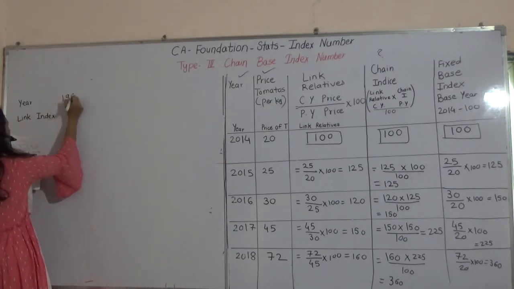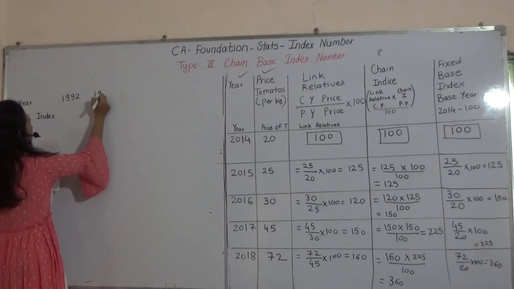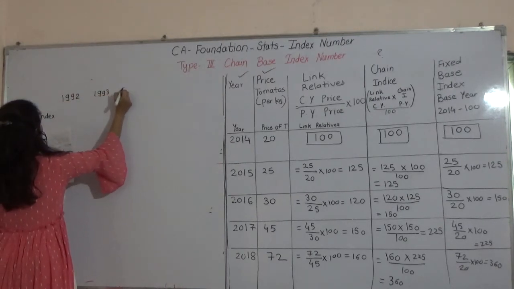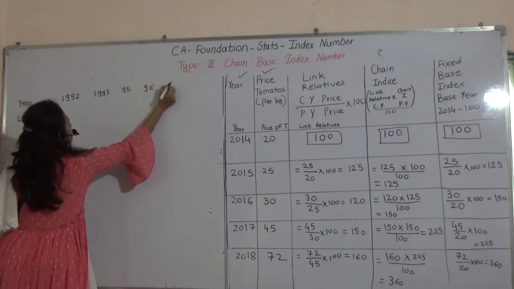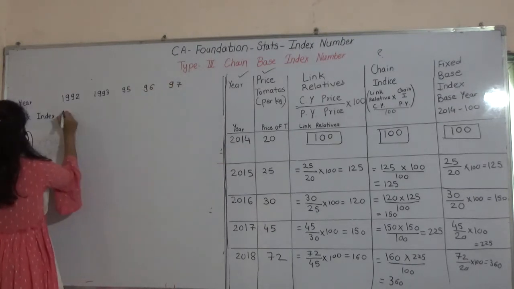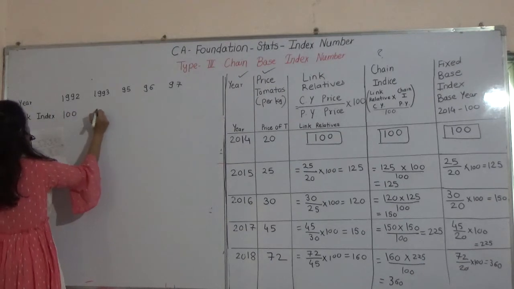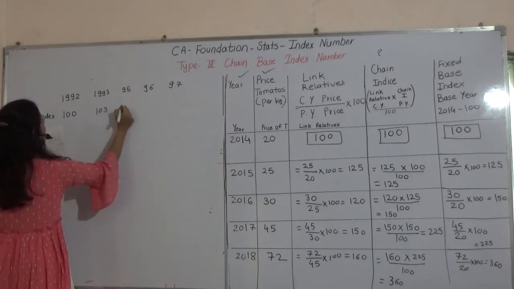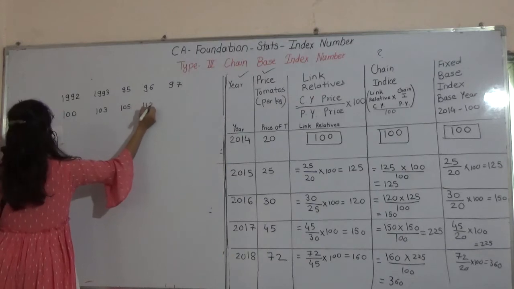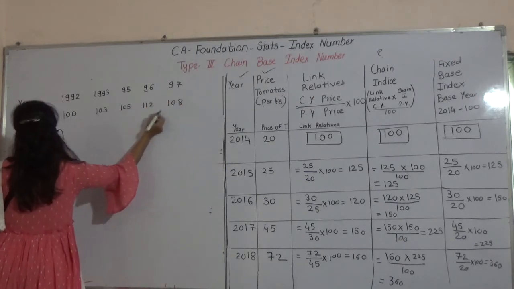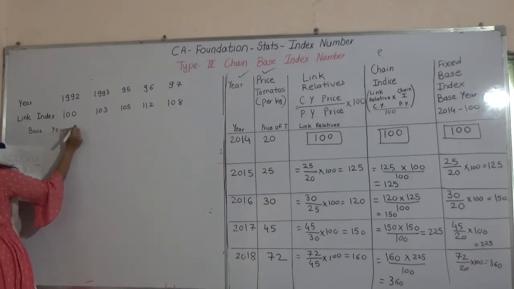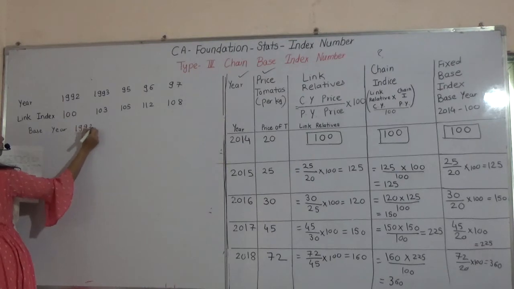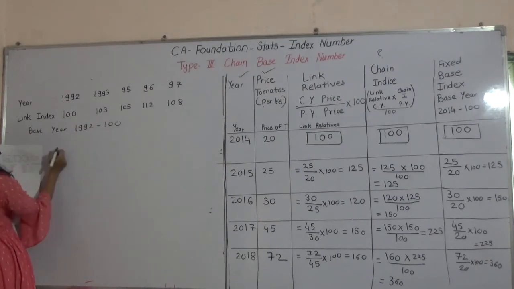Years have been given in this problem: 92, 93, 95, 96 and 97 data. Then link index is 100, 103, 105, 112 and 108. Here they have given that the base year is 1992. First year is their base year.